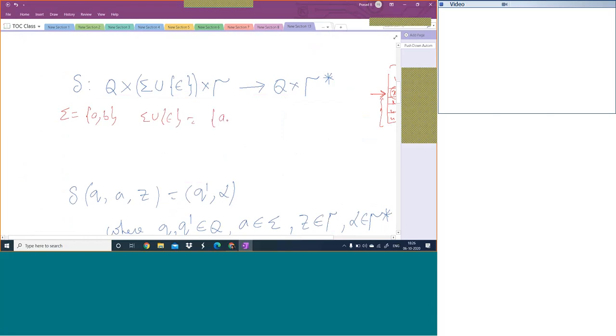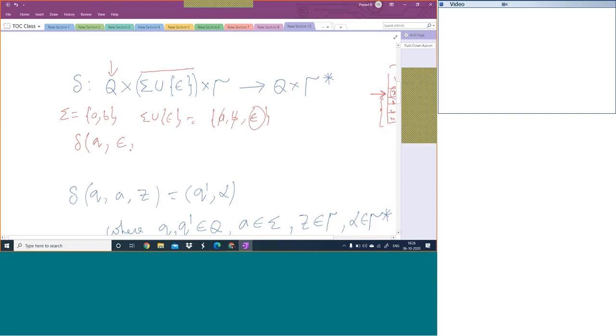This means sigma is A and B, and union epsilon. What does it mean? It means in every transition, it takes the state from Q and it takes the symbol from sigma union epsilon. Sigma is A and B, so it can take A or B or it can take epsilon.